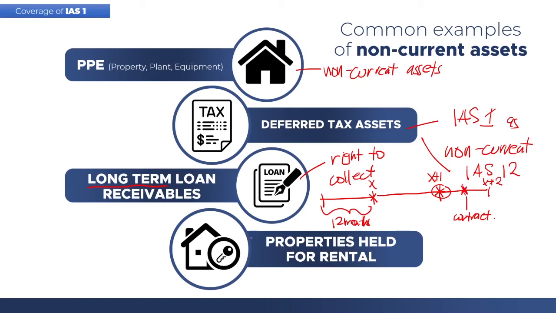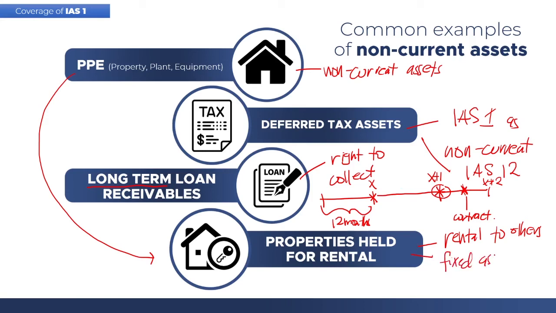Properties held for rental are actually the same thing as the PPEs with a different type of nature. But since these are properties held for rental to others, you're expected to rent it for more than 1 year to get the benefit from these fixed properties, fixed assets. Except that this one is being rented to others.